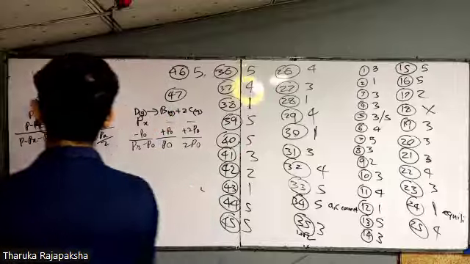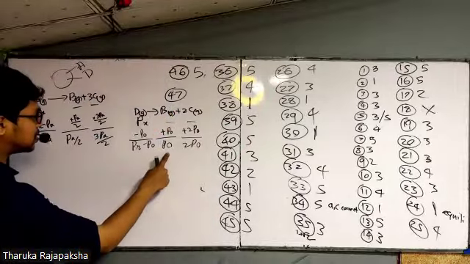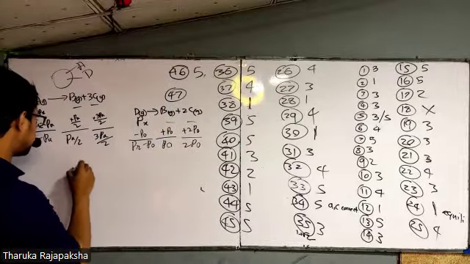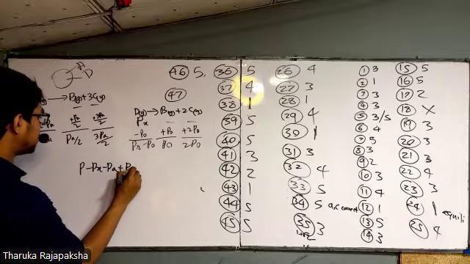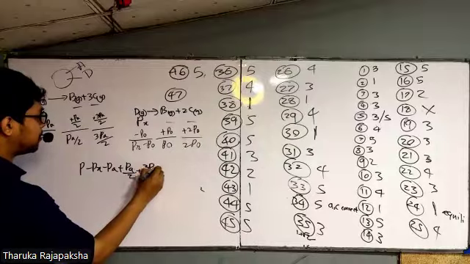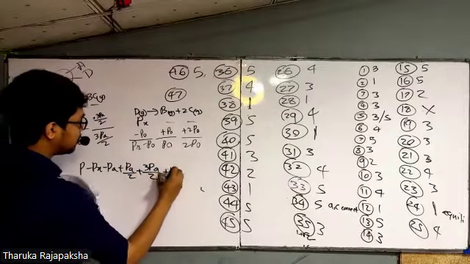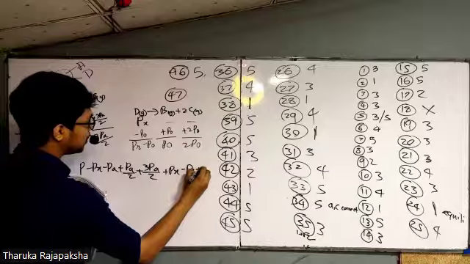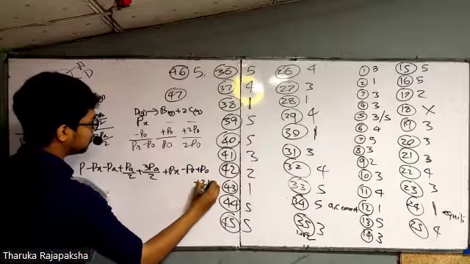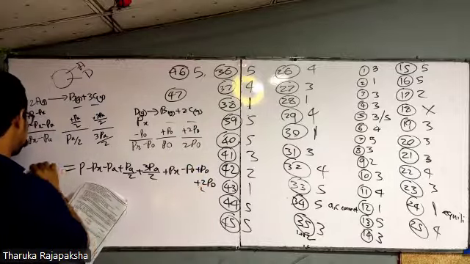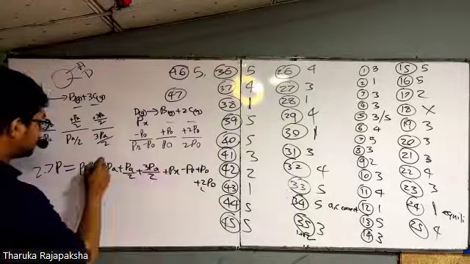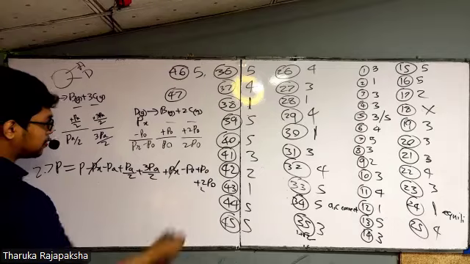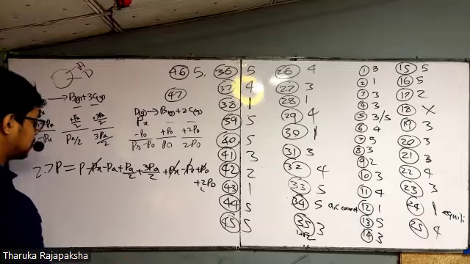Let's see. This one plus this one plus this one plus this one plus this one plus this one will be 2.7P: P minus Px minus PA plus PA over 2 plus 3PA over 2 plus Px minus P naught plus P naught plus 2P naught, all equal to 2.7P. So minus Px plus Px cancel, minus P naught plus P naught cancel.